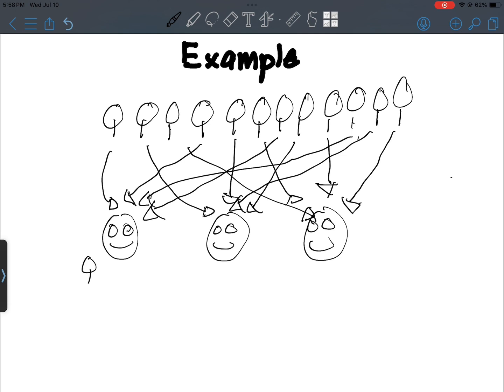Okay, now let's count how many candies are in these groups. So as we can see, each group has 4 candies.